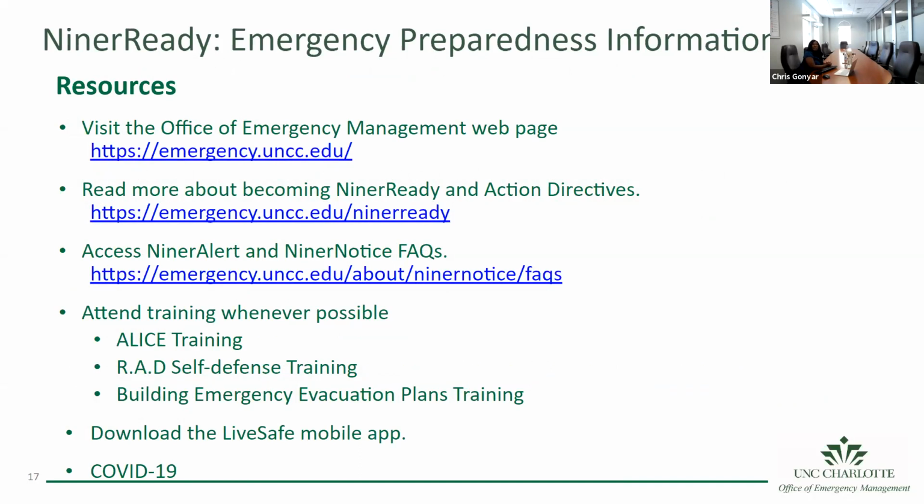Of course, you can always visit our webpage, the Office of Emergency Management, which has a wide variety of information, from action directives to emergency notifications to additional resources to the safety videos that I mentioned about seek shelter and lockdown and evacuation. Extremely good information, and the videos are very informative, but they're not very long. So that's actually an excellent training tool that you can utilize to learn a little bit more about what those action directives actually look like on campus.